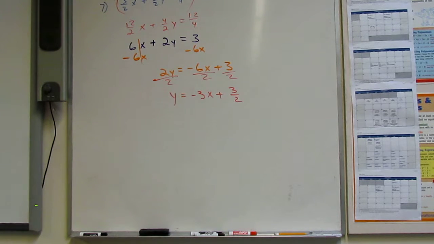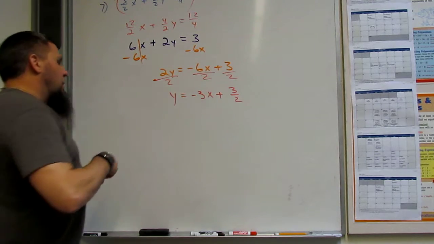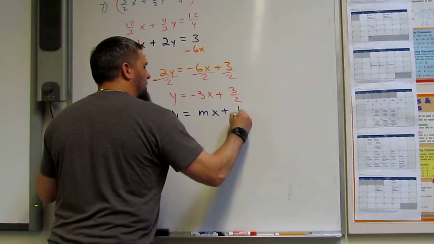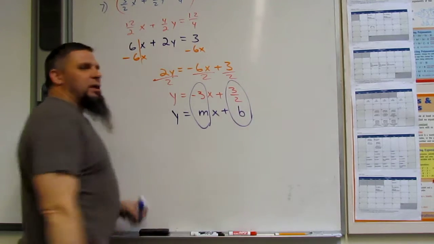So is the slope 3/2? Right on. Slope is 3/2. No! Just because it's a fraction doesn't mean that it's the slope. Y equals mx plus b. This is still m. This is still b.